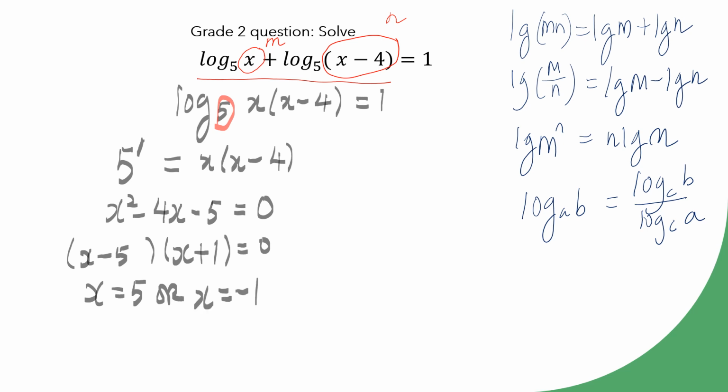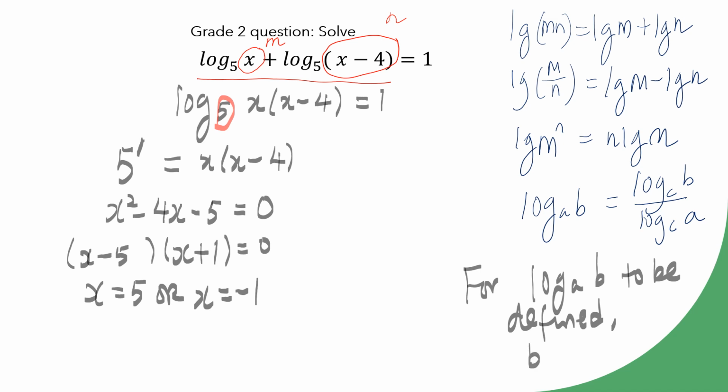Now always remember that there are certain conditions for log to be defined. Okay, what are the conditions? So for this to be defined, first of all, the value of b must be more than 0. It must be a positive value. And your a must also be a positive value but cannot be equal to 1.